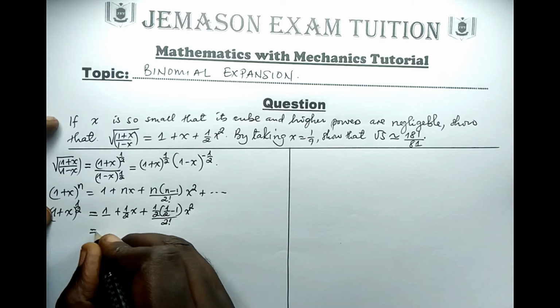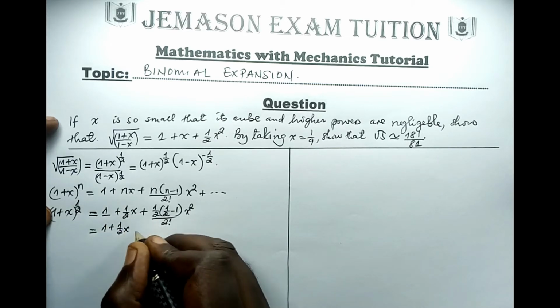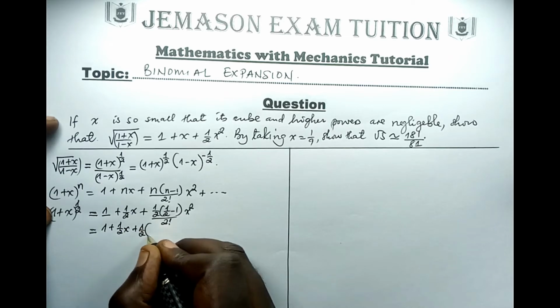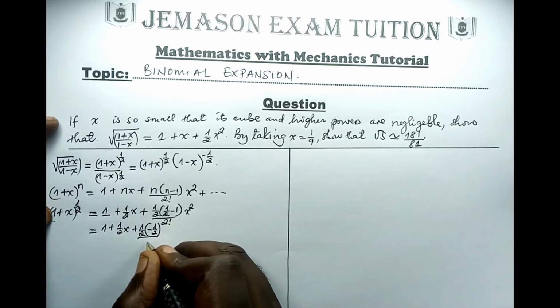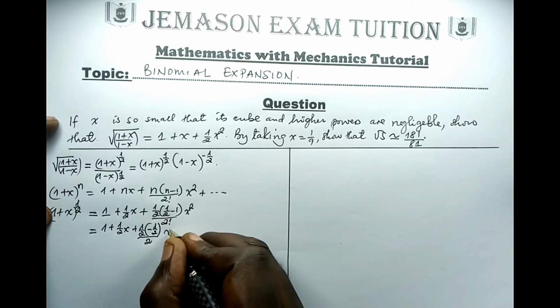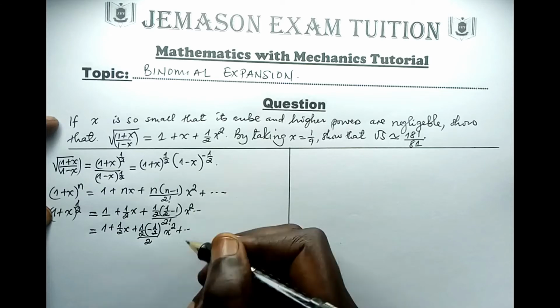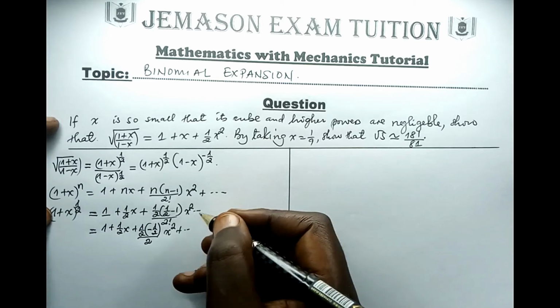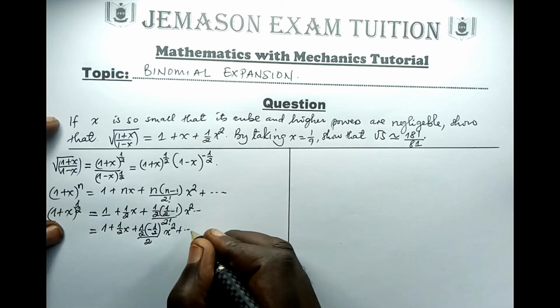And that should give 1 plus half x plus half into (half minus 1), which is negative half, over 2 factorial, which is 2, and then x squared. They said the higher powers are neglected from cube, so that's why we're ending at x squared.